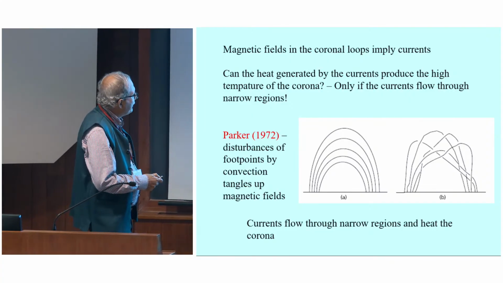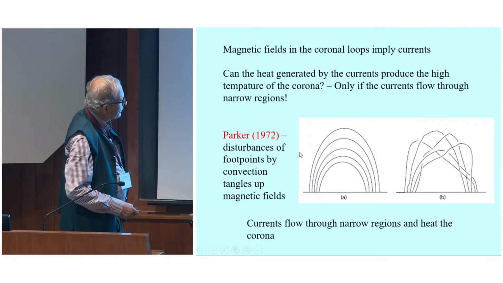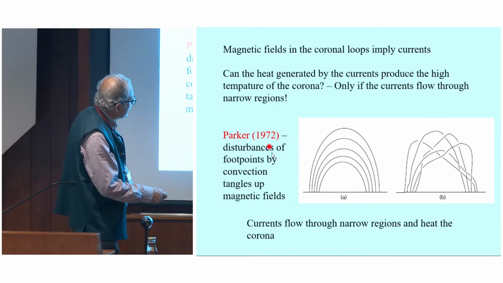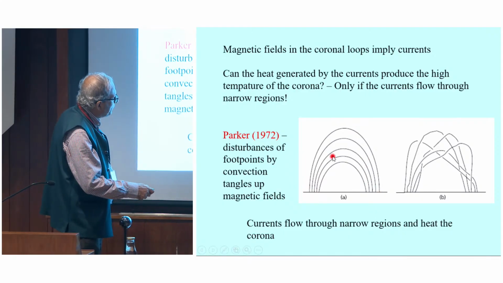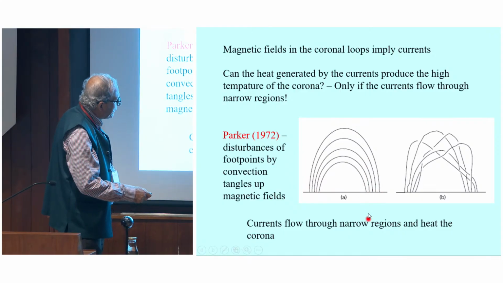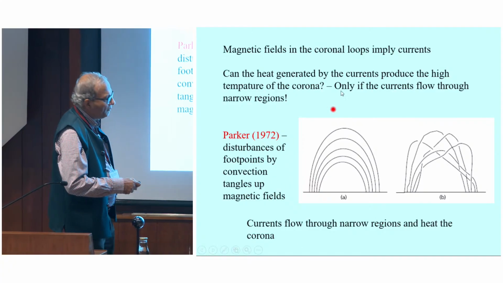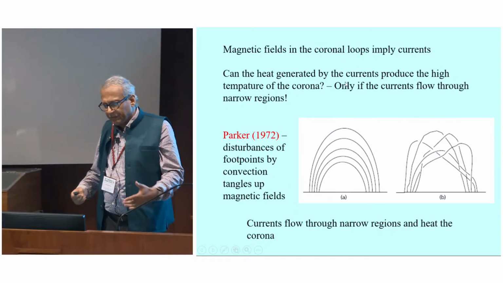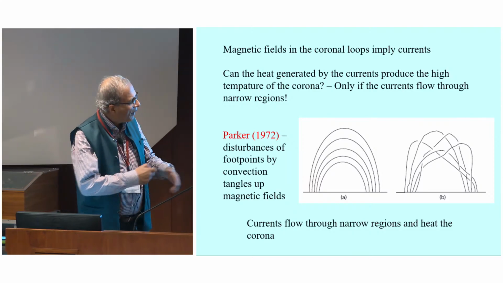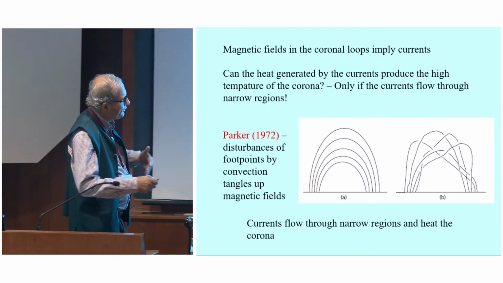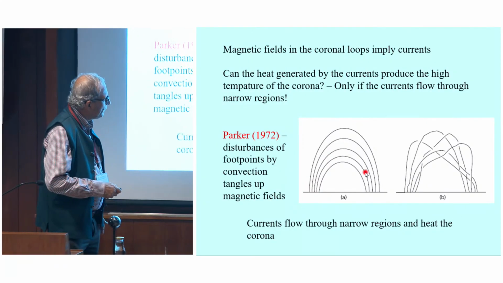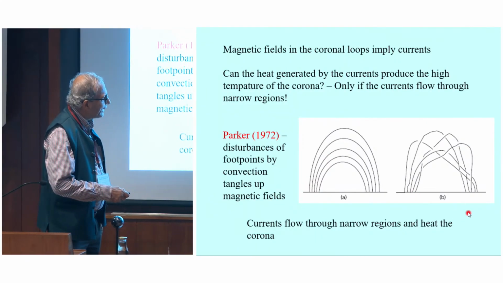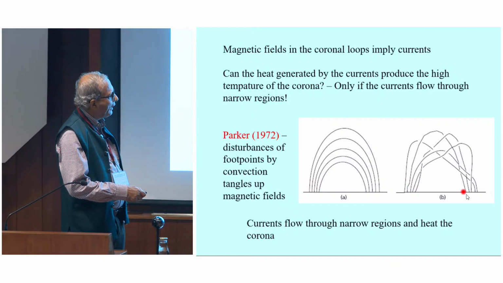So the explanation was given by Parker. His idea was something like this. You may naively expect that the magnetic field in a loop would look like this, but magnetic field lines are going down below the surface where there is vigorous convection. So Parker realized that this convection would disturb the magnetic field lines, and so instead of looking like this, they would have this kind of tangled appearance.